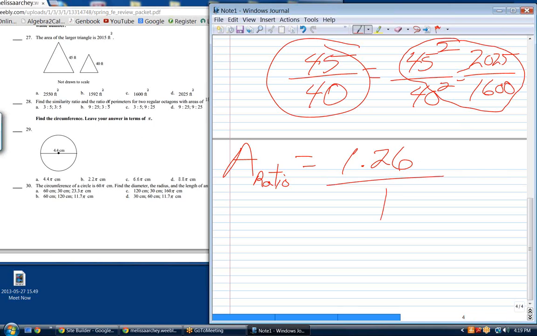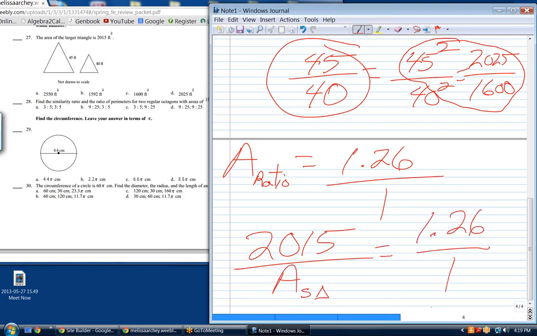Now they're telling us that the larger triangle is 2015. So 2015 compared to the area of the smaller triangle, which we're trying to solve for, has to be the same as 1.26 to 1.